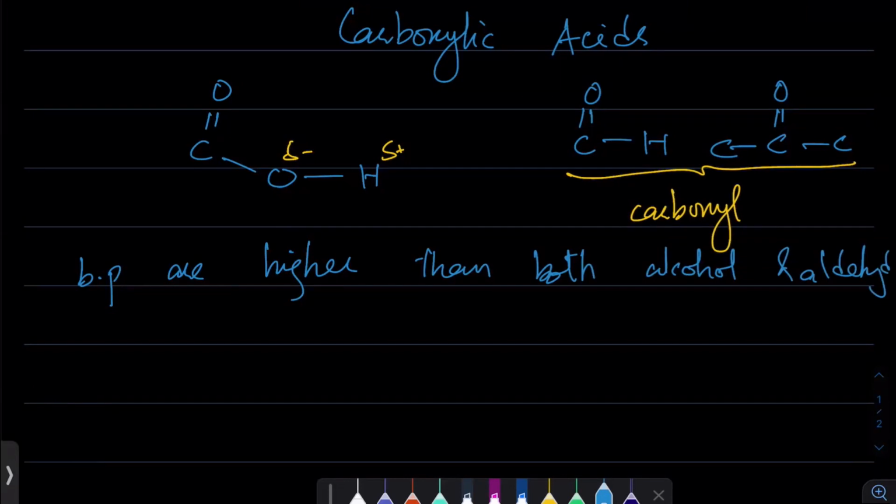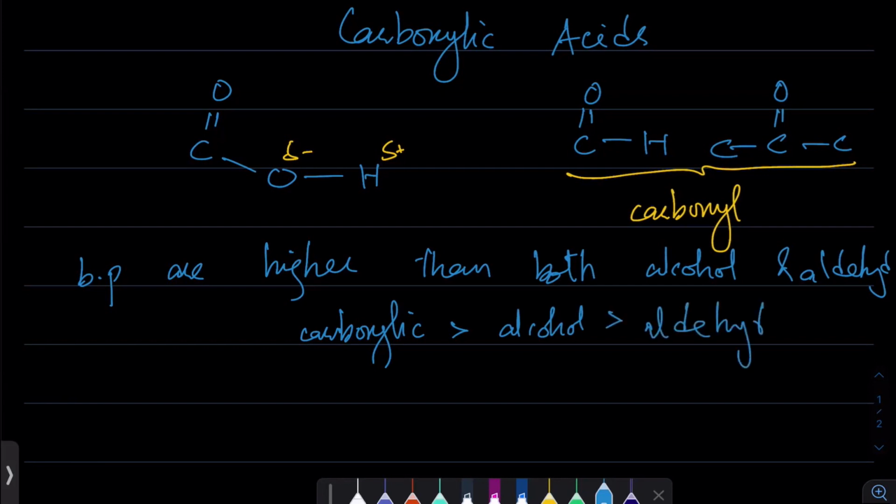So we can say that COOH, they're always the first ones. So carboxylic acids are higher than alcohols. We know alcohols have hydrogen bonding, so that's why they're higher. And then we have aldehydes, which have lower boiling points than that.